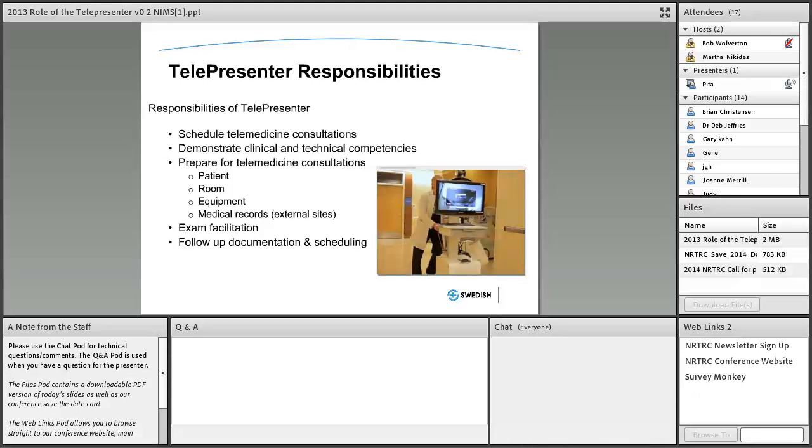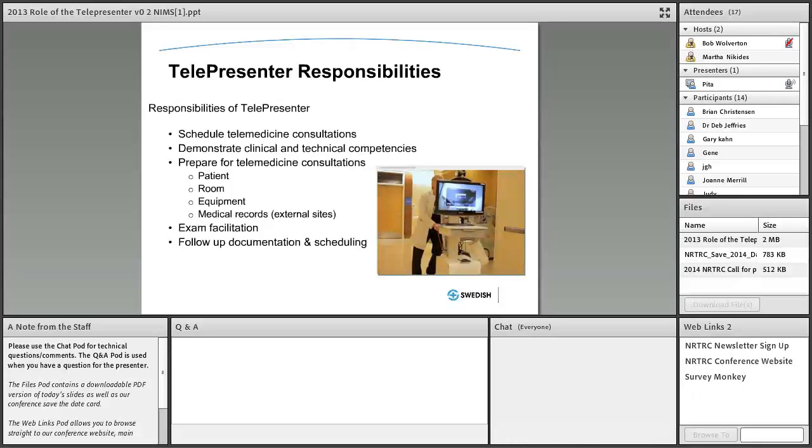Then the nurse goes up to the room and has a conversation with the patient's nurse at the bedside, making sure that the patient is going to be in the room at the time the consult will happen, as well as preparing the patient in terms of what to expect, and asking the patient if they have any family members they would like to attend at that time.